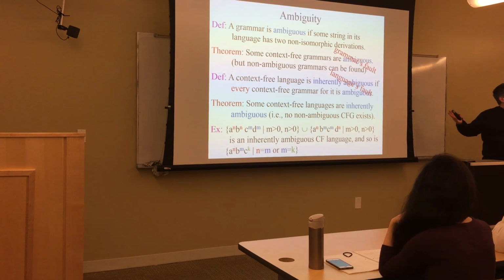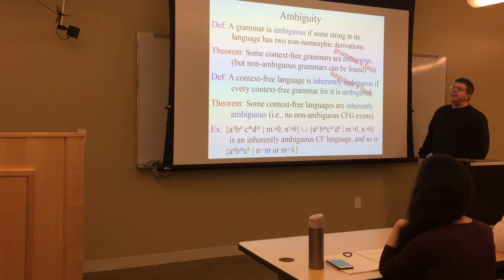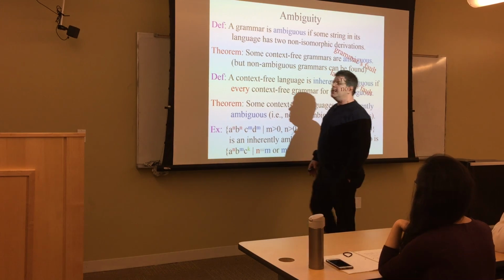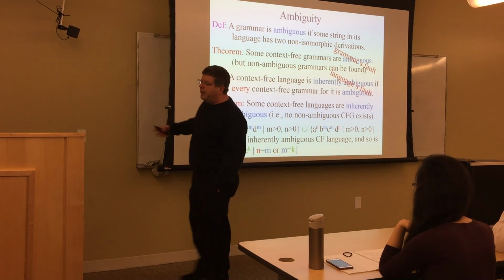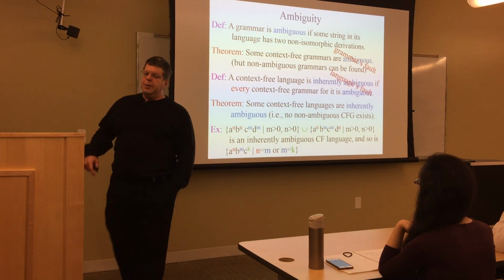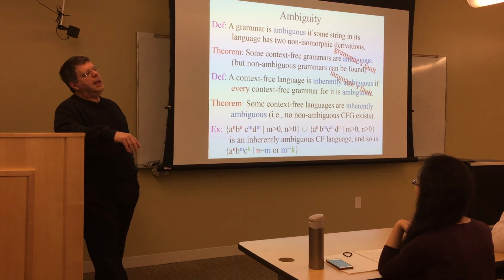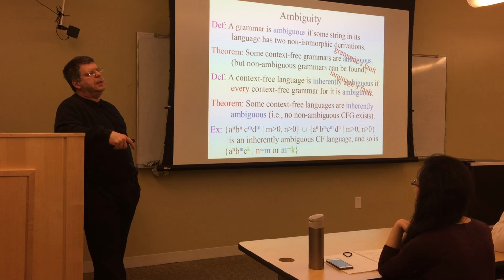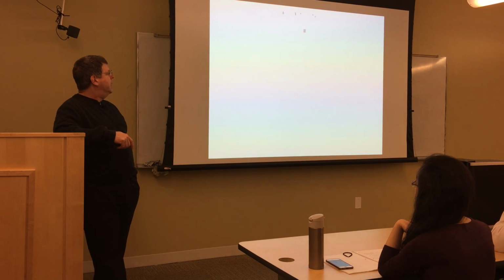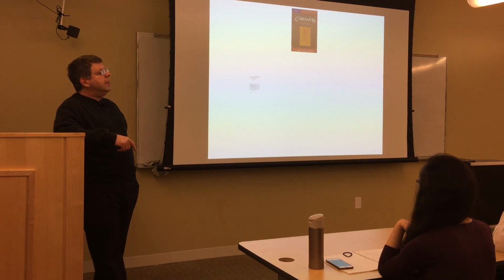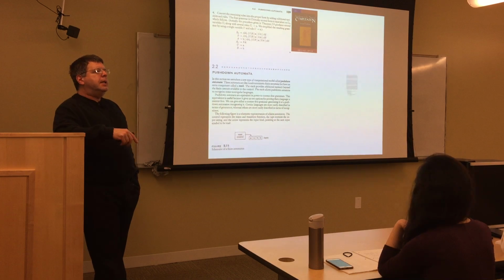But again, generally it's hard to do. Some famous programming languages were thought to be unambiguous until somebody found an example where they were ambiguous, and that created a lot of issues for compilers and for implementers, and created bugs in code. Any questions about any of this?